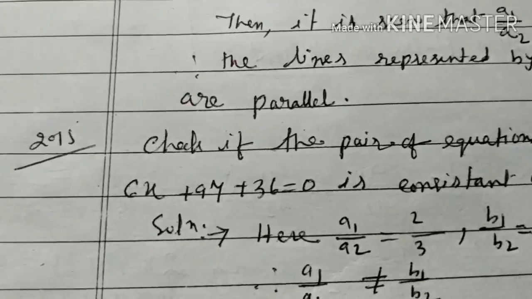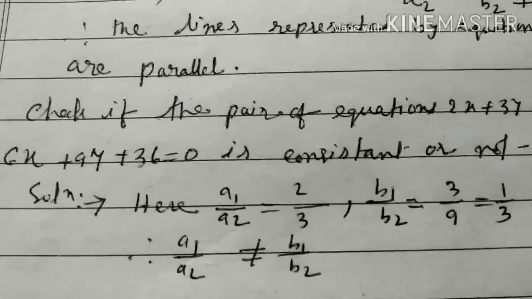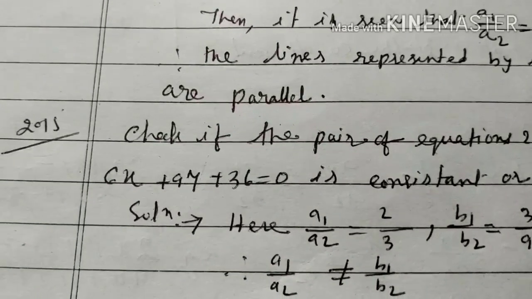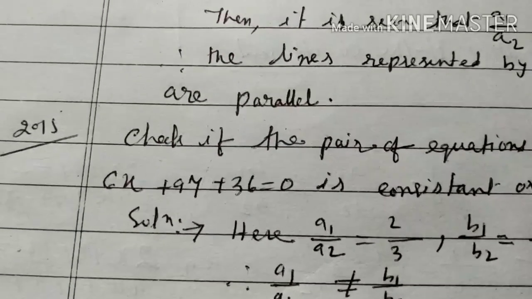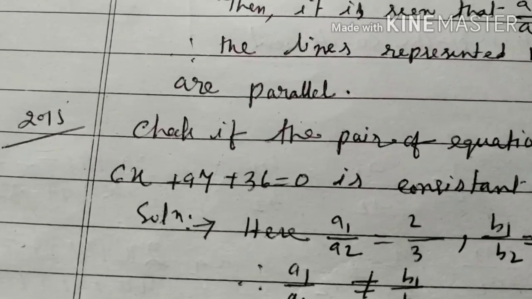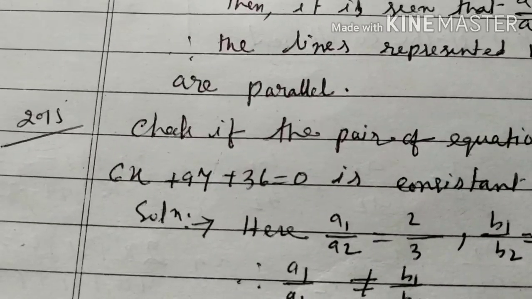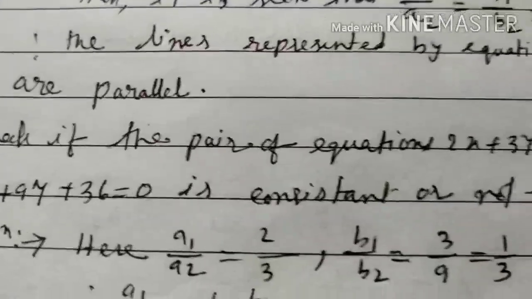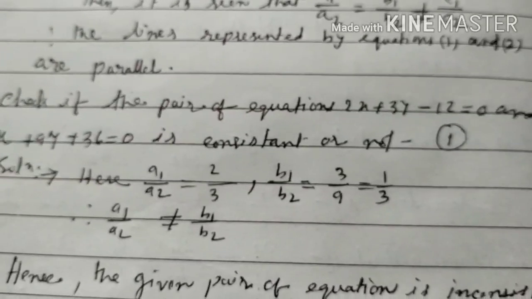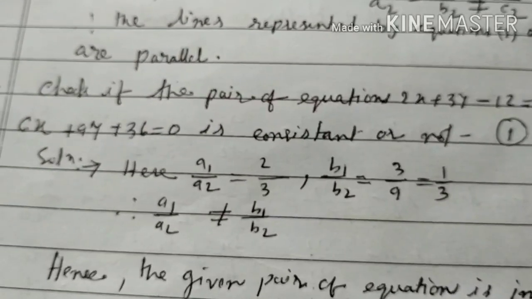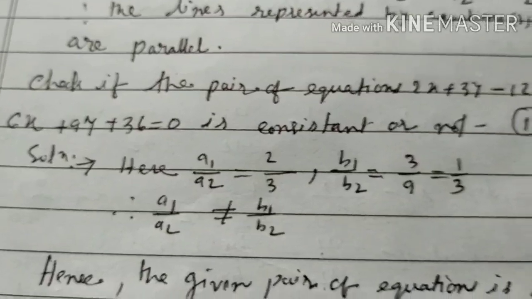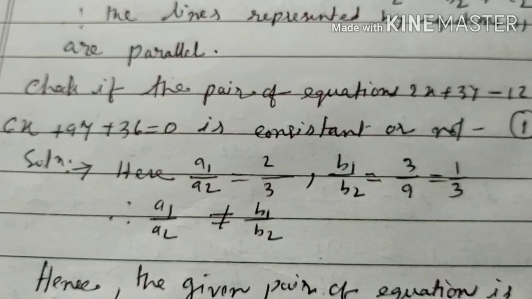And then the 2015 question, it is the same as question number 2. In question number 2, I have selected from both years' questions, from the 2015 question: check if the pair of equations is consistent or not consistent, after comparing the ratio of their coefficients. This carries only one mark.